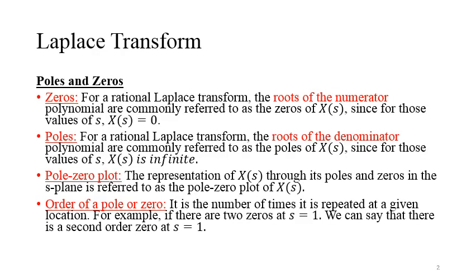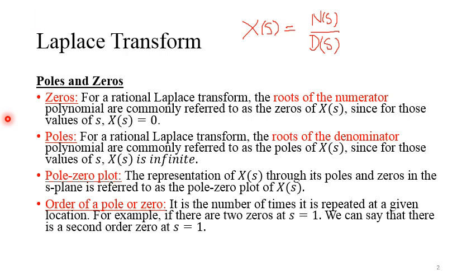For a rational Laplace transform, we can write X(s) as N(s) over D(s), where N(s) is the numerator polynomial, whereas D(s) is the denominator polynomial.